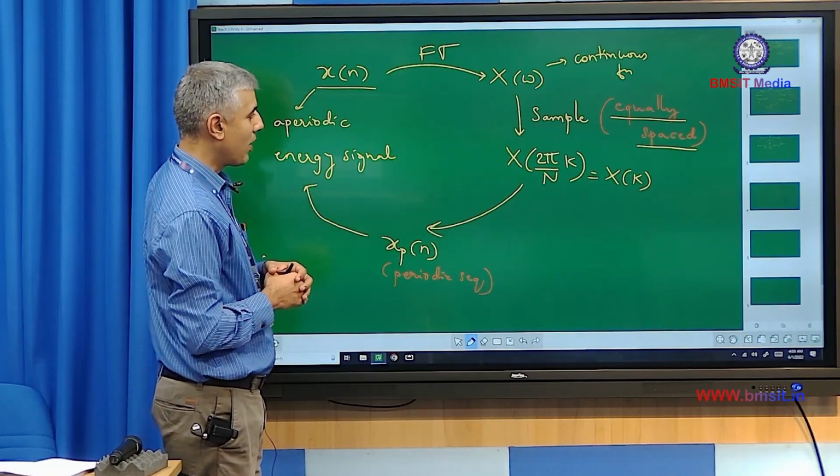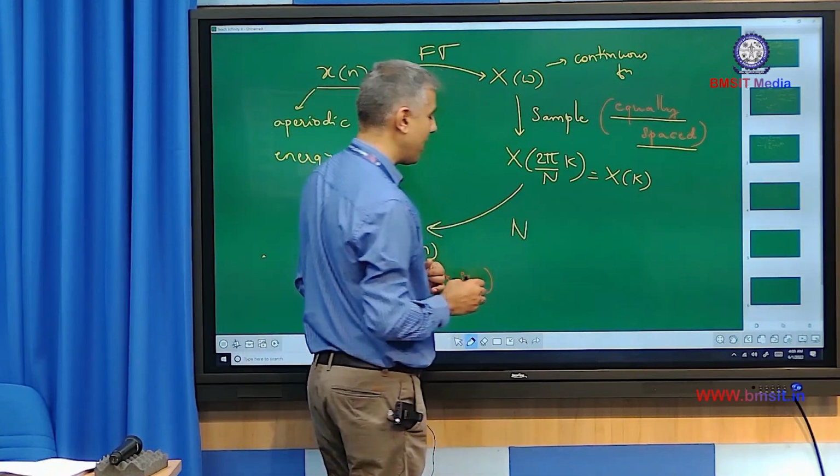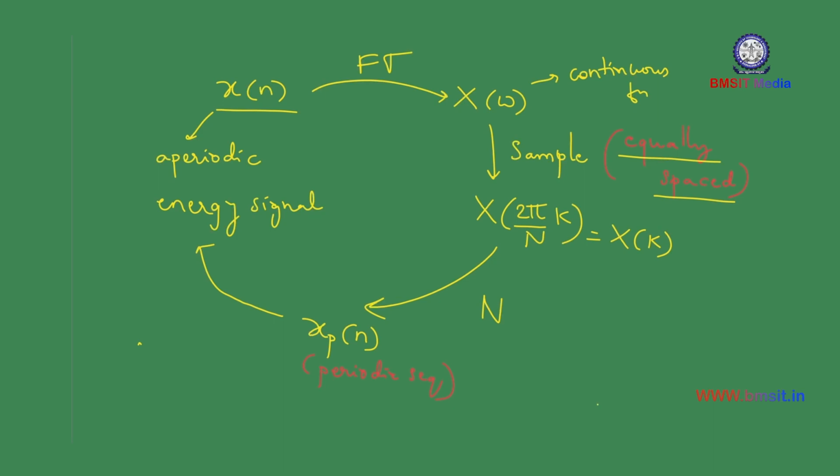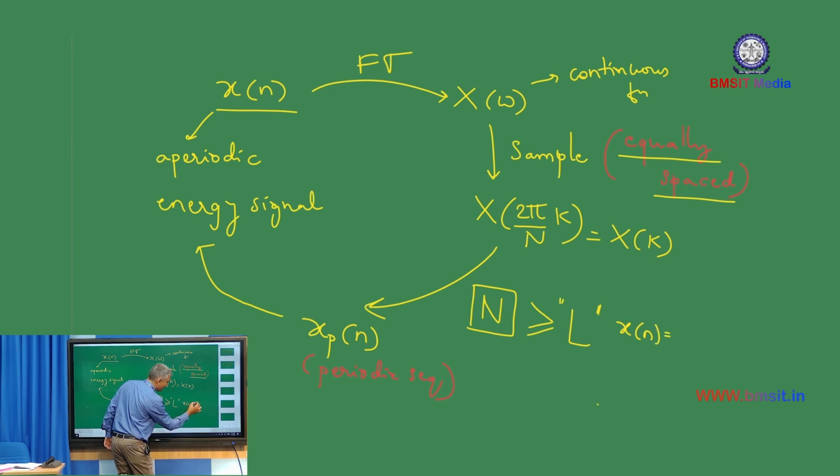Now, the question is, what should be the length of N? As seen in the previous section, the number of samples taken from X of omega, be it capital N, should be greater than or equal to the capital L. The capital L is nothing but the length of the signal. For example, assume x of n is 2, 3, 1 and minus 5.